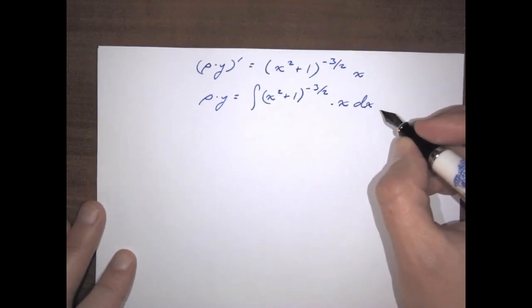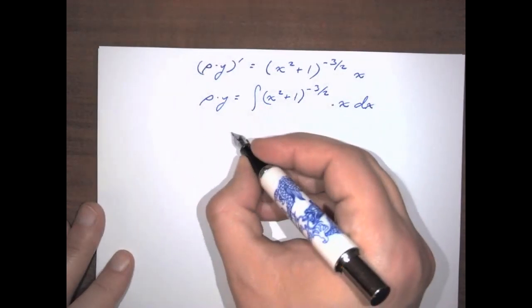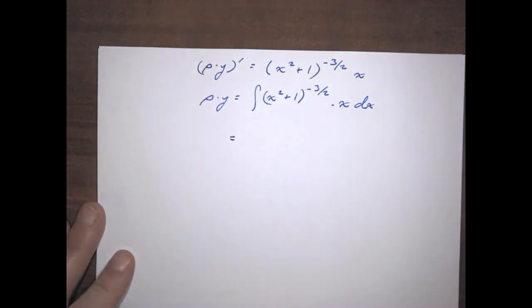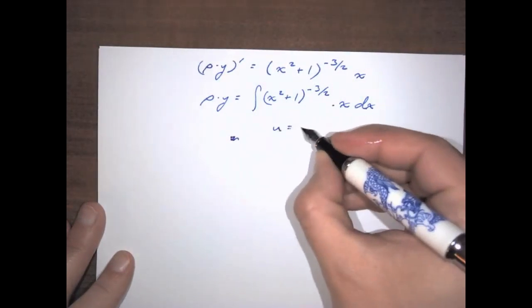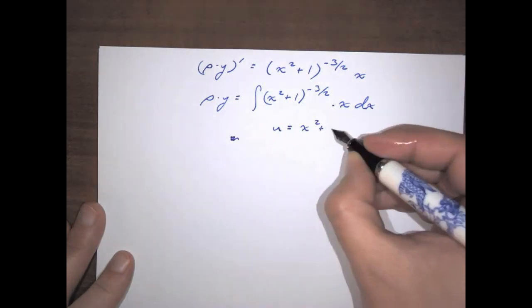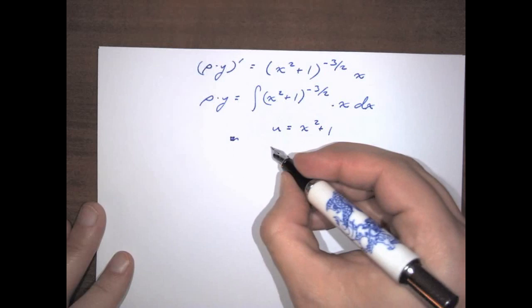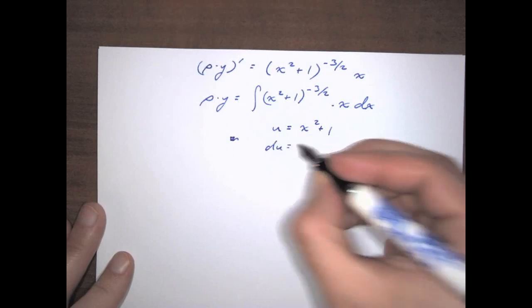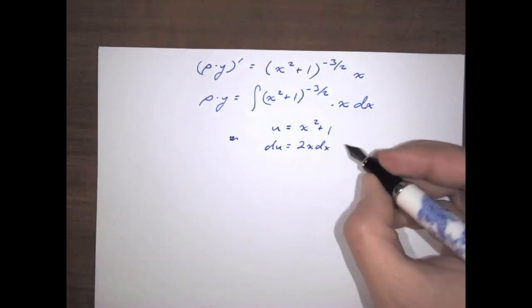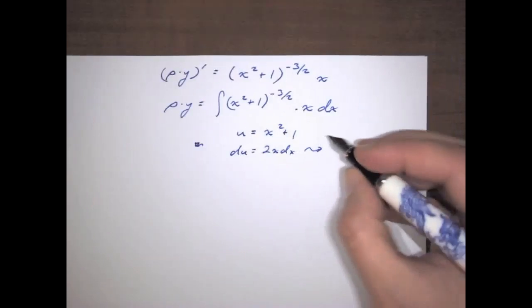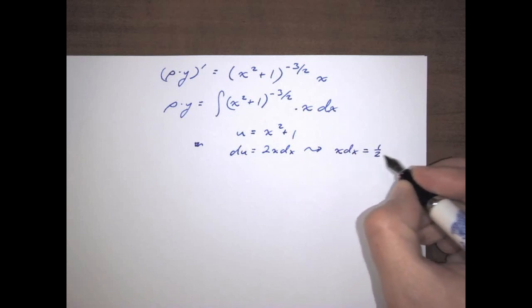I'll wait to put the plus c until after I've executed the antiderivative. Here we again have an occasion for a substitution, the same as before: u equals x squared plus 1, which makes du equal to 2x dx, and that leads to the more useful fact that x dx is equal to 1/2 du.